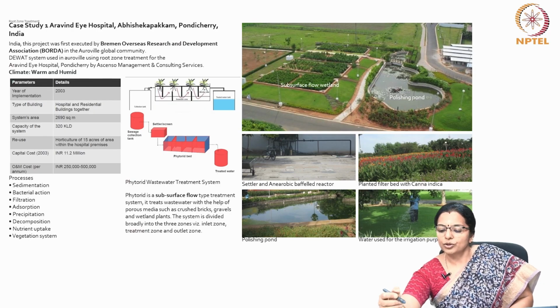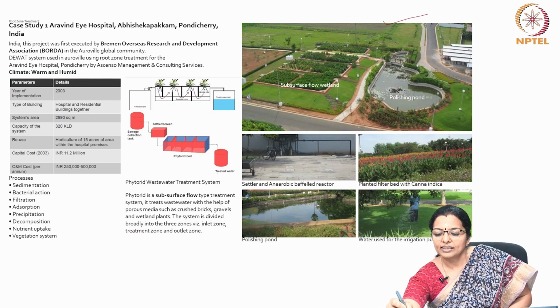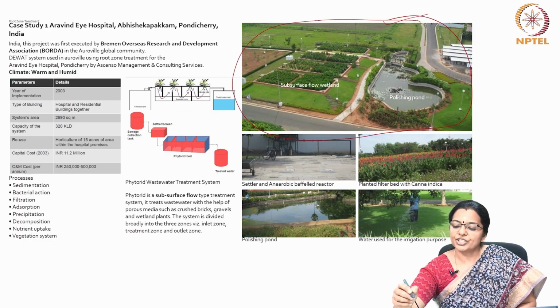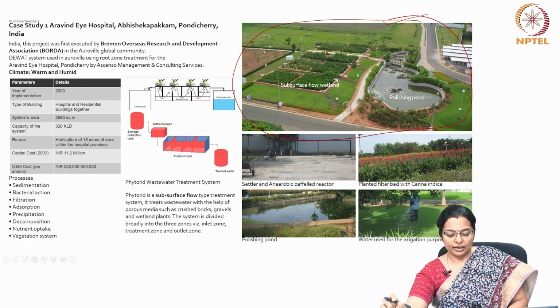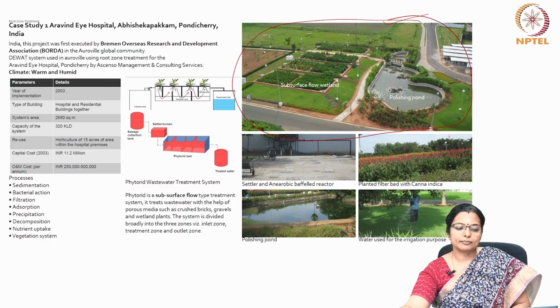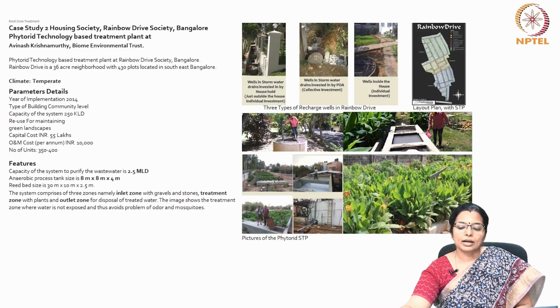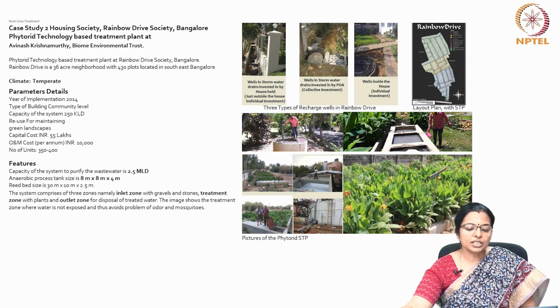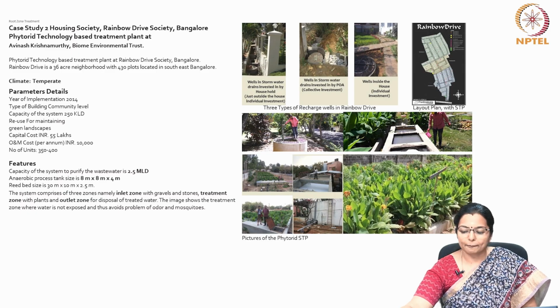From this picture, you can see that there is no trace of a sewage treatment plant when you look at this root zone treatment. The second case study is again at Bangalore. Avinash Krishnamurthy of Biome Environmental Trust has done this with a phytorid technology based treatment plant.